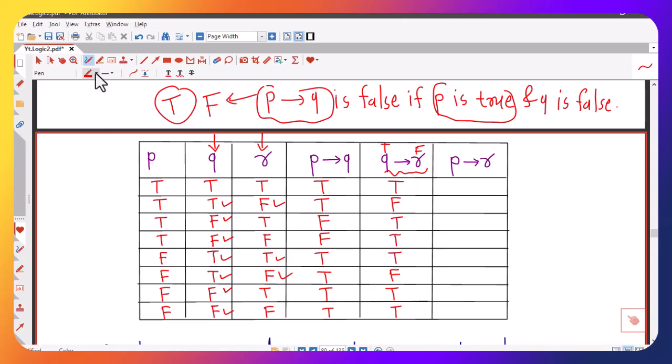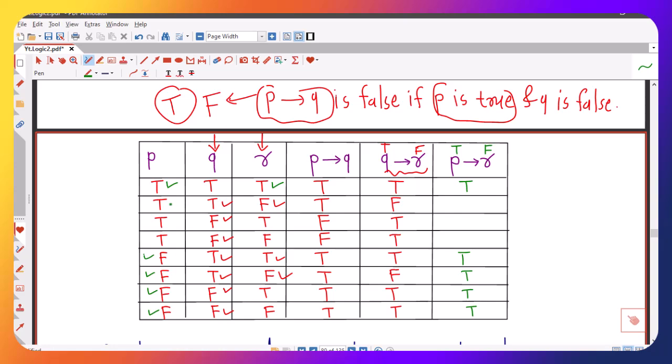Now we write for P implies R, same thing. P implies R is false whenever P is true and R is false. In all other cases, it is true. So in last 4 rows, P is false. So here we directly write down T. Then in the first row, P is true, R is true, therefore truth value is true.